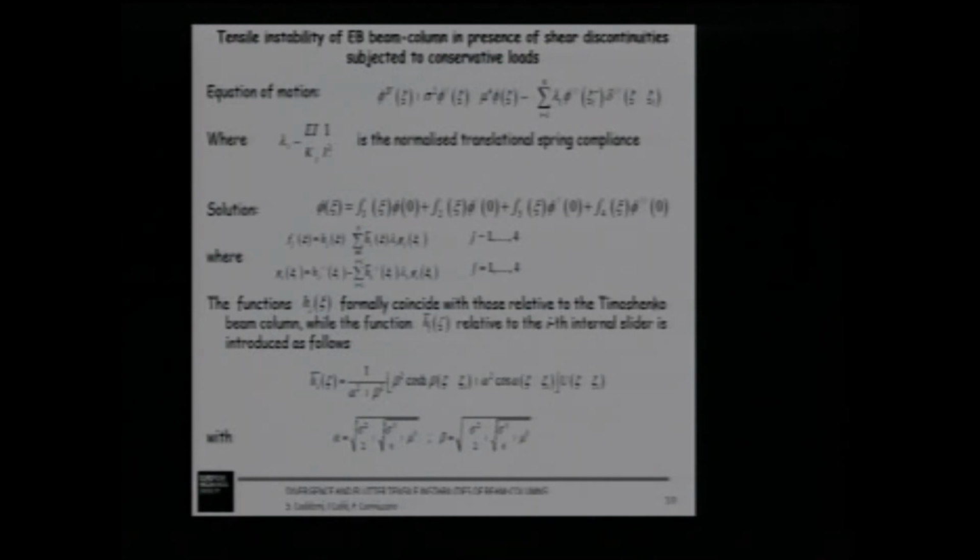These functions depend on the h functions, which formally coincide with those relative to the Timoshenko uniform beam column, and an additional function h with hat relative to the generic internal slider that we find in the solution in the summation.